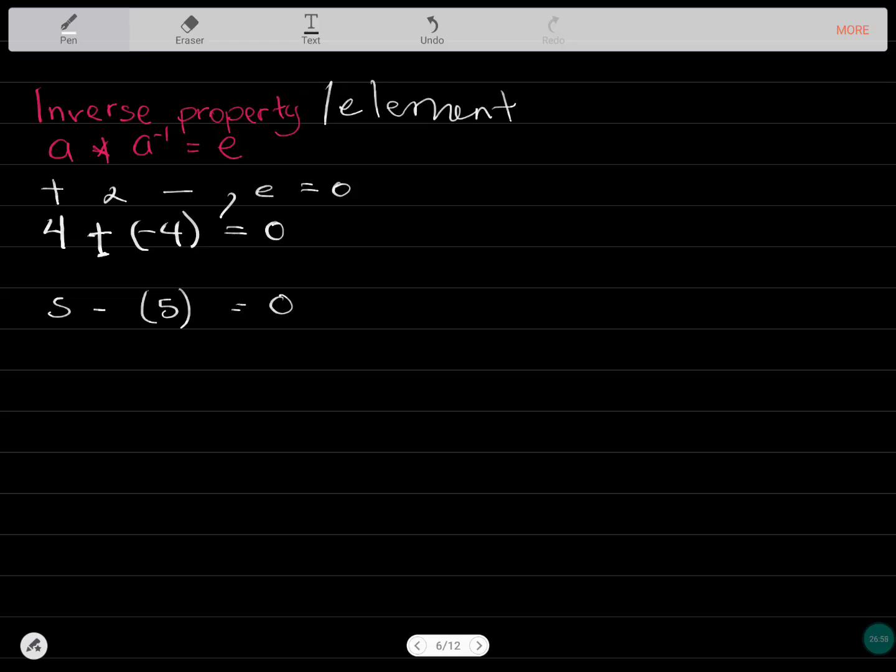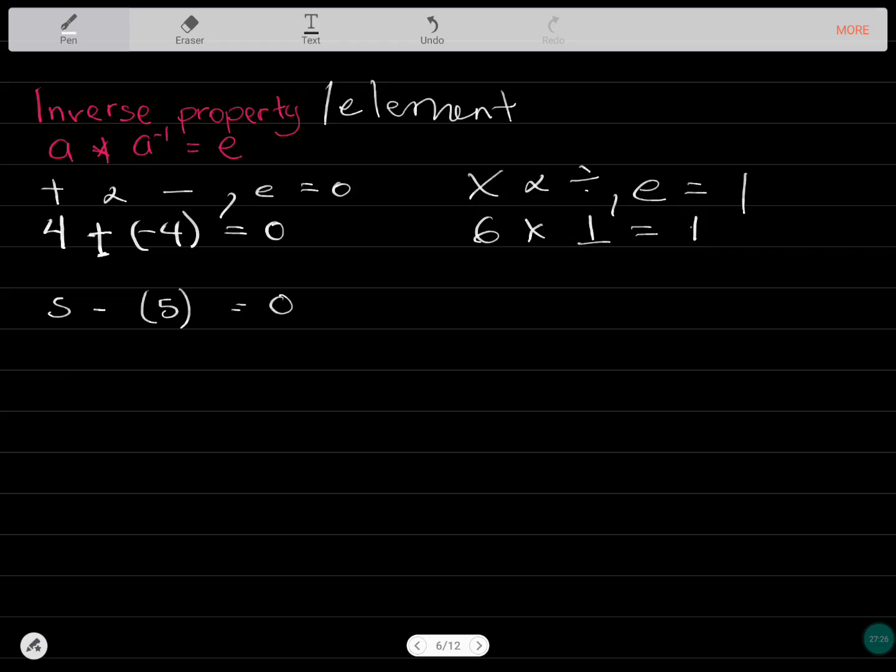Now let's come to multiplication. We know that for multiplication and division, the identity element E is 1. So if I have 6, what do I multiply by 6 to get 1?